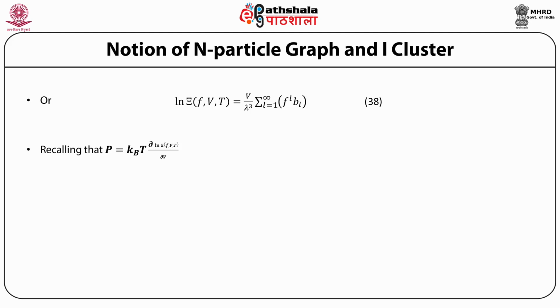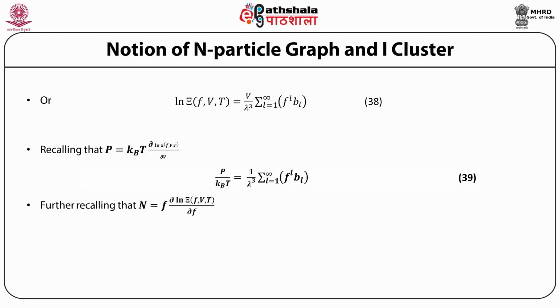Recalling that pressure P is equal to k_BT times the partial derivative of log of the grand partition function with respect to volume, P upon k_BT is equal to 1 upon λ³ summation over l equal to 1 to infinity f raised to power l b_l.